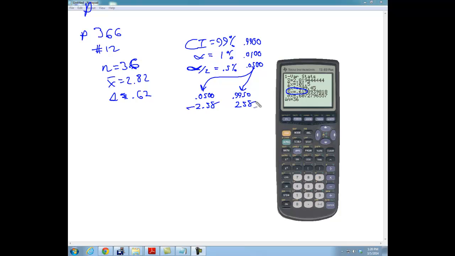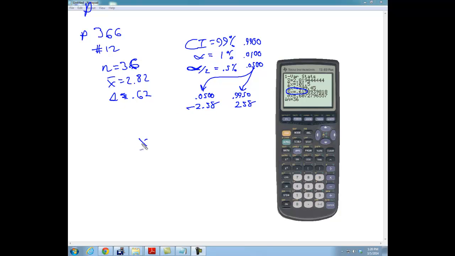So if you look at 2.58 on the charts here, we are going to choose the higher of the two values instead of 2.57 because that's going to give us a little bit worse of a confidence interval, and in statistics we always want to side on the worst side.